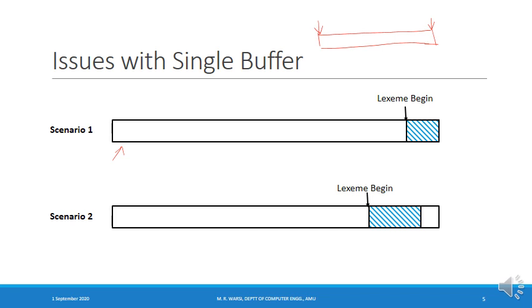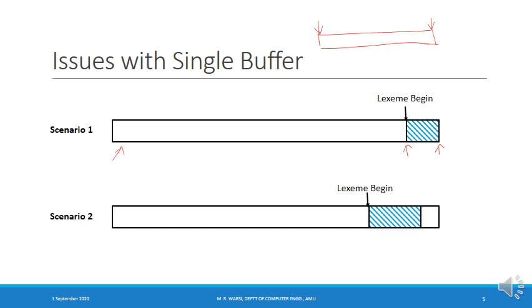During scanning it has reached up to this point, and now it is looking for the next lexeme, the next token, from this location. It starts scanning and reaches the end of the buffer, but it did not encounter the end of the token. It did not encounter the end of the lexeme. Now since it has reached the end of the buffer, it will bring in the next segment from the source program into this buffer.